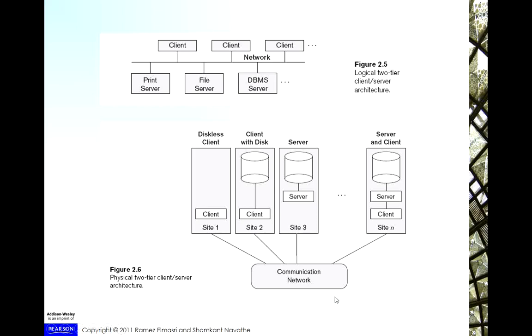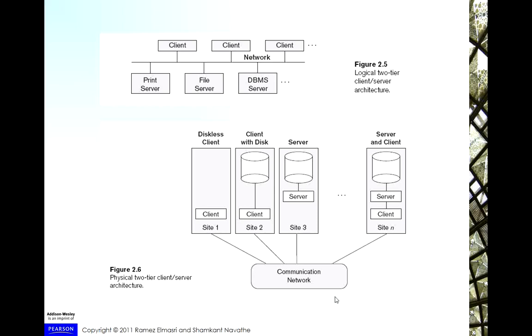So what does that mean? It means that a computer could be a client and a server at the same time, and it can be connected to another computer. That computer it is connected to is a client, right? But it could also be a server at the same time, a server for other servers.